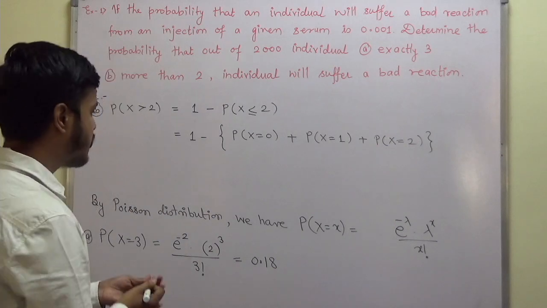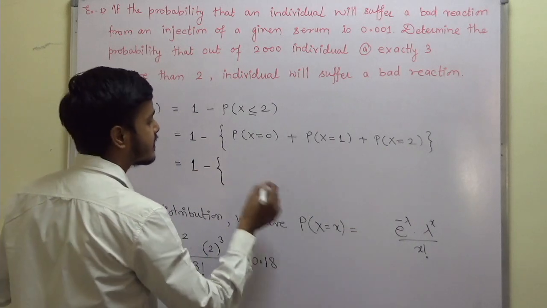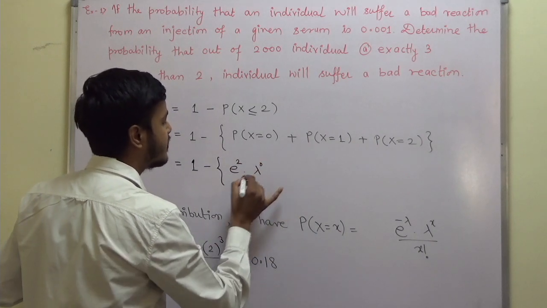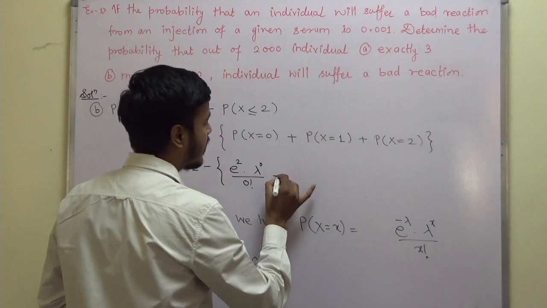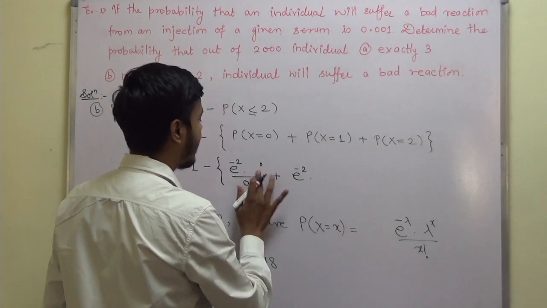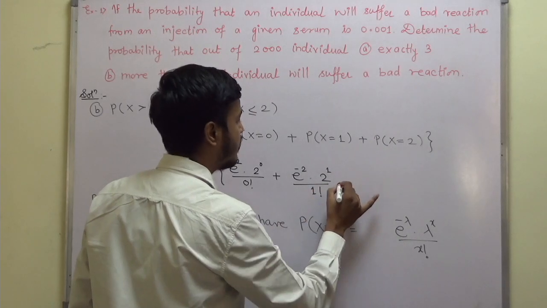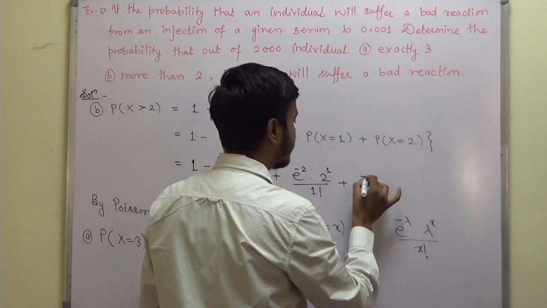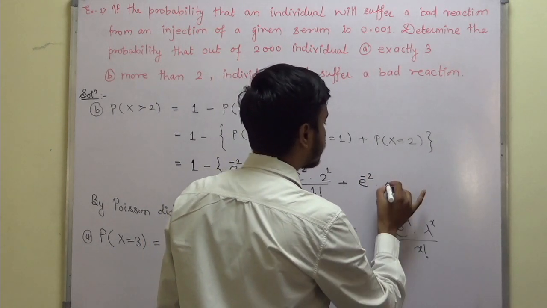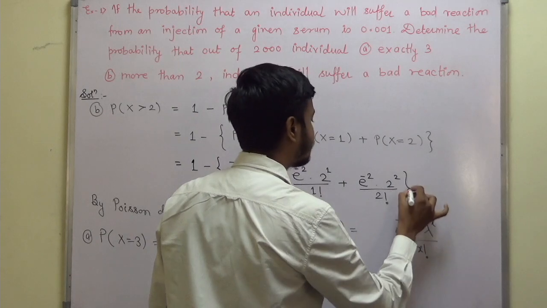From the Poisson distribution, you can write this as 1 minus e to the power minus lambda, lambda is 2, into lambda to the power 0 upon factorial 0, plus e to the power minus 2 into 2 to the power 1 upon factorial 1, plus e to the power minus 2 into 2 to the power 2 upon factorial 2.